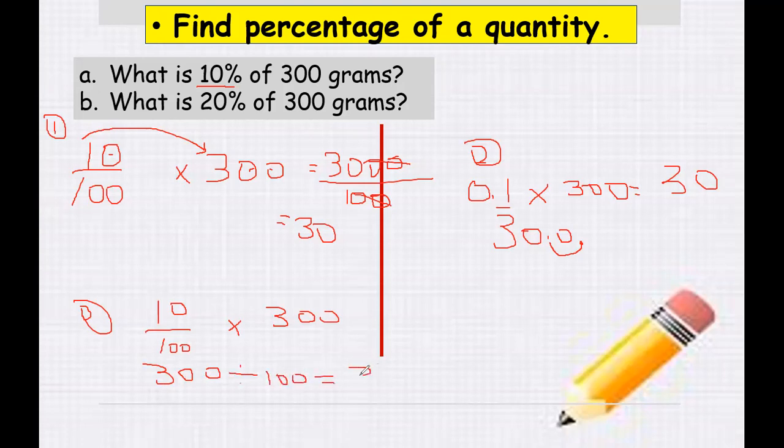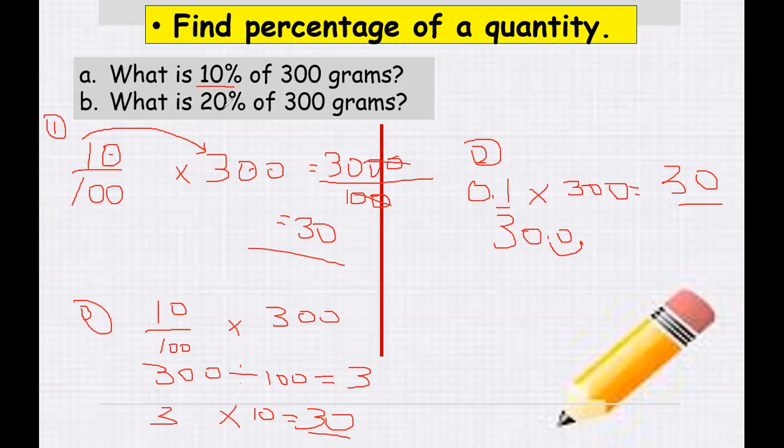So it will be 3. 3 times 10 is 30. So if you could see, they all have the same answer. So you can choose any method you want, whether method 1, method 2, or method 3. It's up to you. The one you think is easier for you is the one you're going to follow. That's why I gave you 3 methods to use.